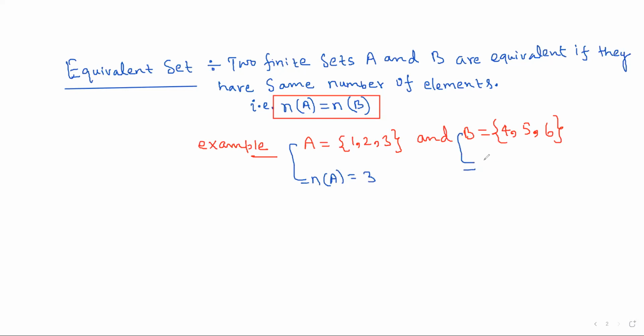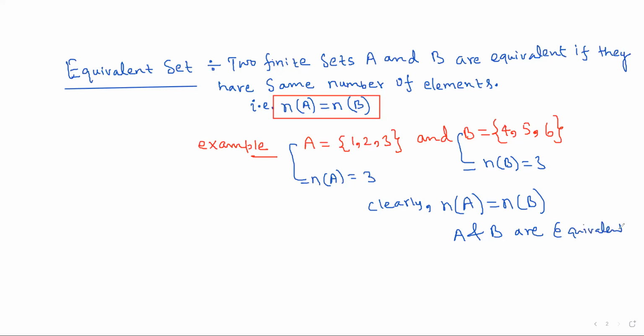And what is n of B? n of B is equal to 3. So clearly, n of A is equal to n of B, which means A and B are equivalent sets. So simple statement. I think there is no need for any explanation there. That's totally clear.